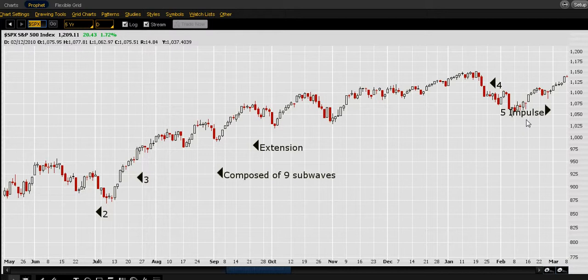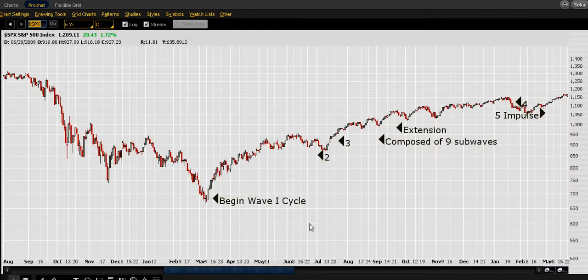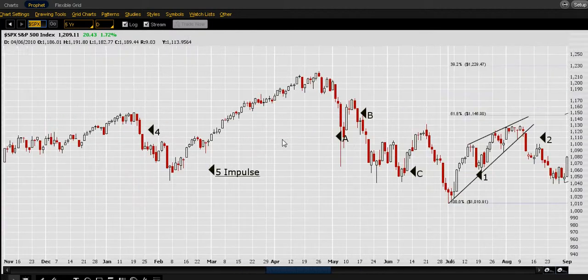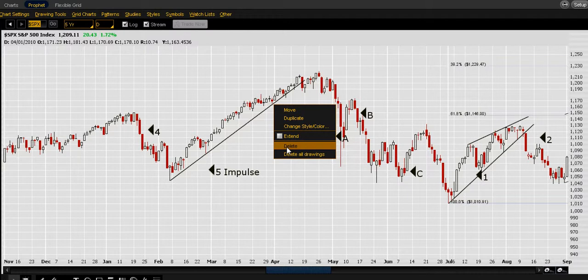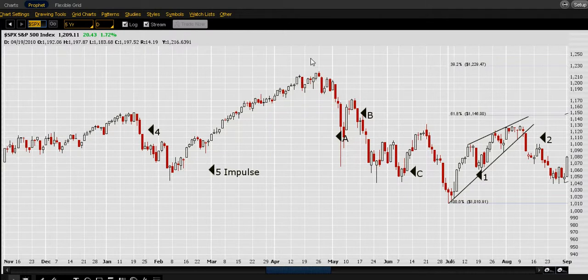Wave 4 corrects down. A, B, C, and then we keep moving on. Wave 5 is an impulse wave, which just means that it's basically a straight line up. So we have wave 5 up, finally breaks right here.